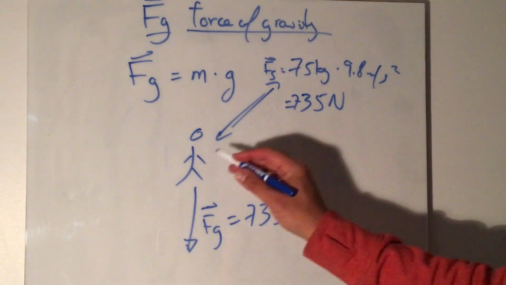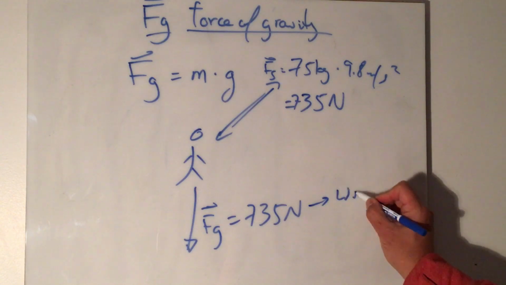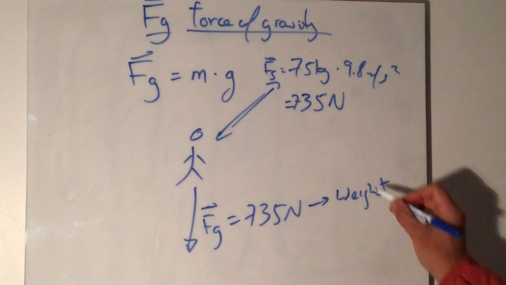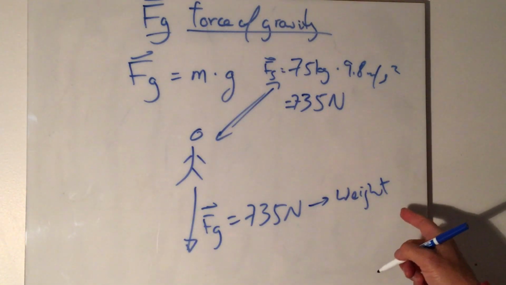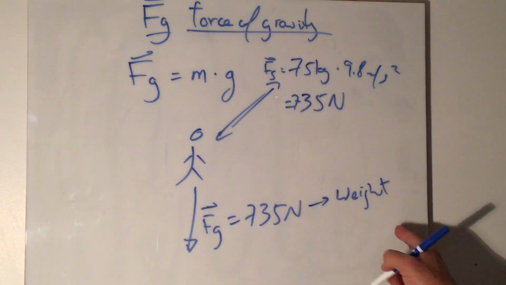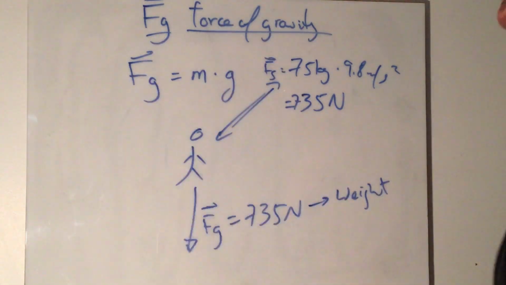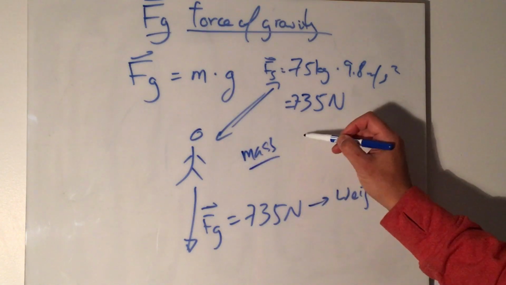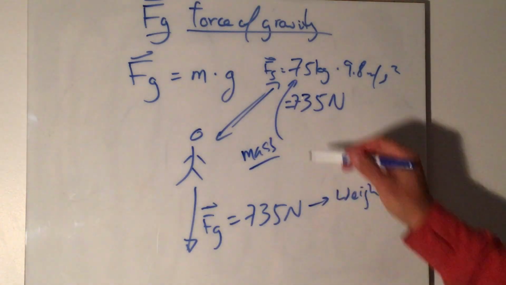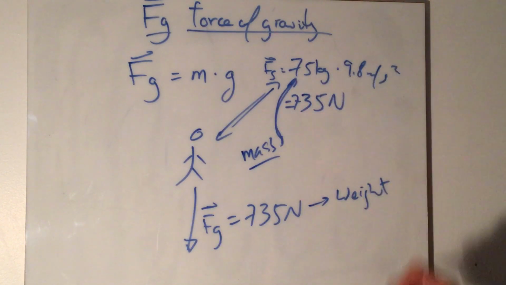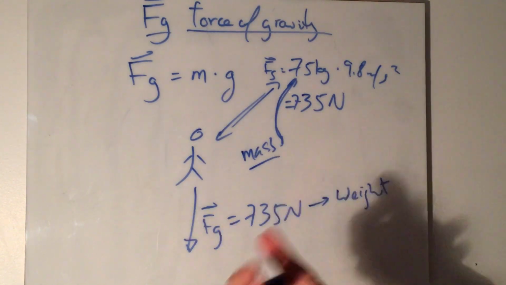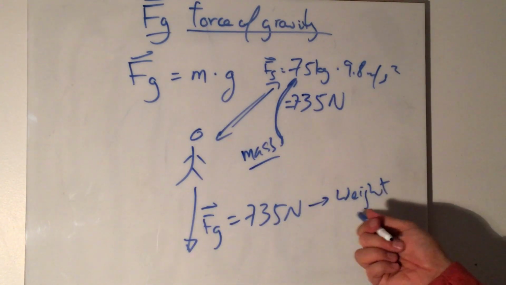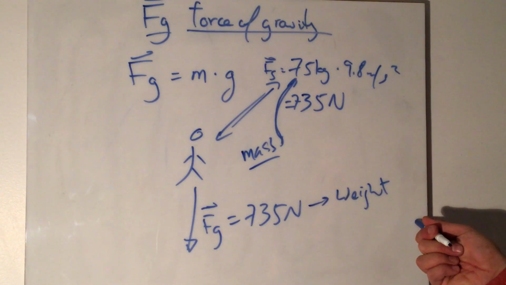Okay, now this is the weight. So this is the weight of the person. Weight is relative to how hard the earth pulls down upon you. The mass of this person is 75 kilograms. Okay, so when you step on a scale, you're actually getting your gravitational pull.